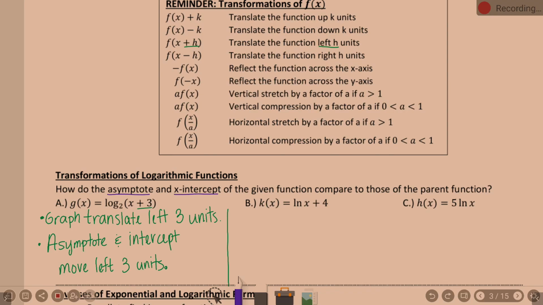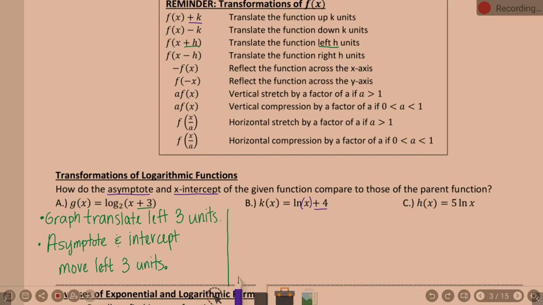First of all, what transformation is that? Up 4 units. And why would we say up 4? Because that's outside the parentheses. There are no parentheses, and so since there are no parentheses, we assume it's outside the parentheses. If there were parentheses on this one, they would just be around the x.